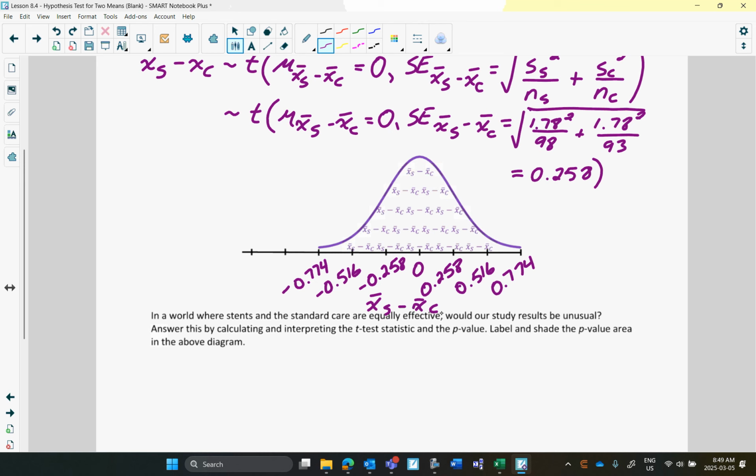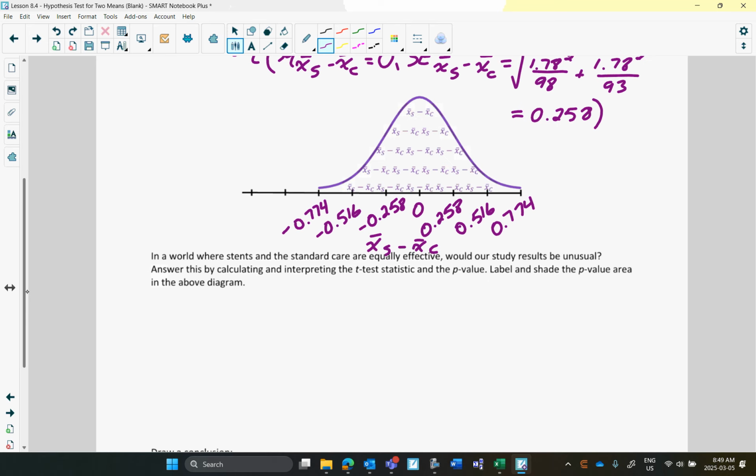So now we have to figure out where our value is. How many standard errors away is our value? So in a world where stents and standard care are equally effective, mean of 0, would our study results be unusual? So we have to calculate and interpret the t-test statistic and the p-value. And then we can put that on the t-distribution diagram.